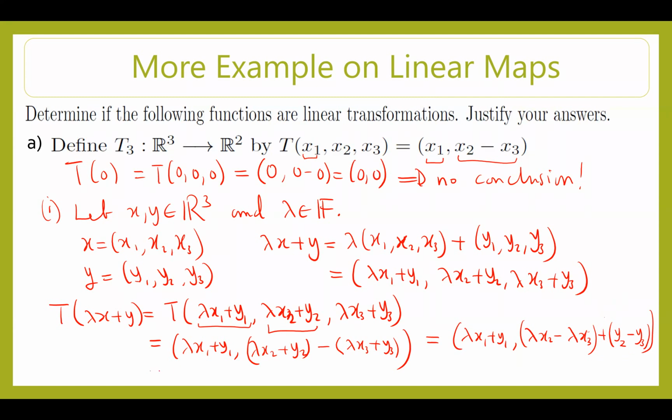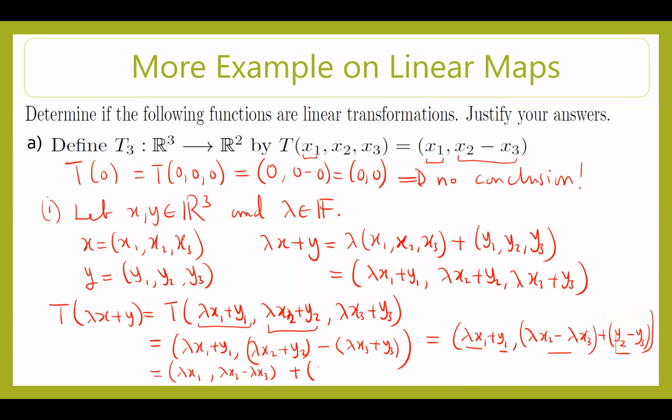Okay, so I can break these things into pieces. So this is just vector addition. So I'm going to have lambda x1, comma, the first component here with this guy, the first component here, lambda x2 minus lambda x3 plus the first component here and the last component here.